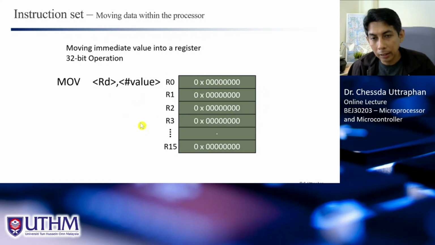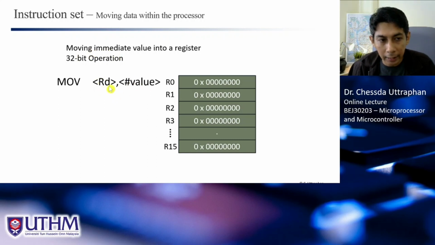Now, let's say the number is from outside, means that from the programmer, we want to put any number into a register. We as a programmer, for example, we want to put 5 in register R0. What to do? So the instruction is move also, but called move immediate instruction. Then we call it move immediate.